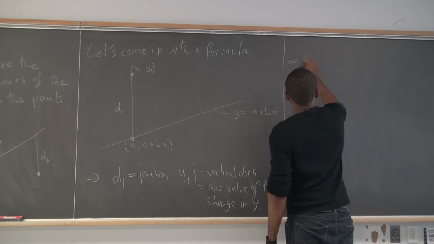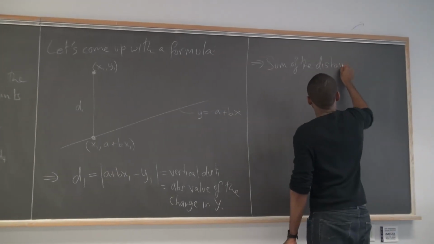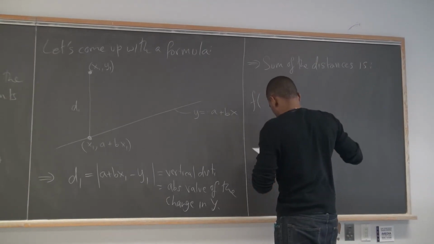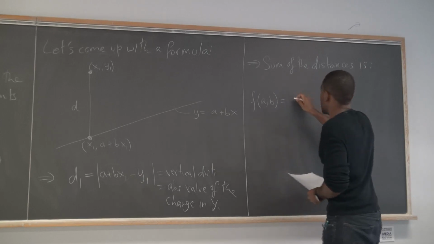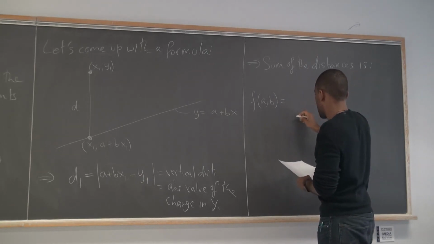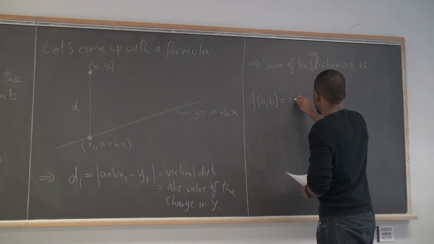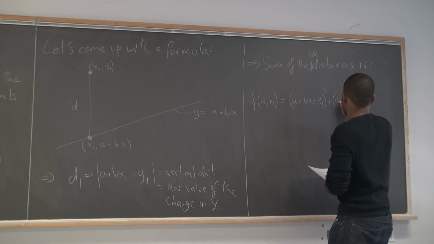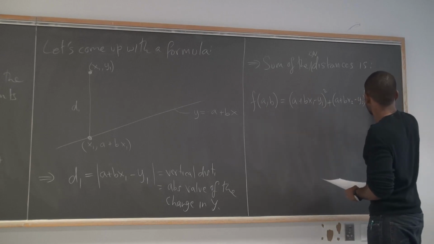This means the sum of the distances is, we call it f of a, b. And it's going to be just adding all these up. Sum of the square distances: a plus bx1 minus y1, squared, plus a plus bx2 minus y2, squared, plus dot dot dot.